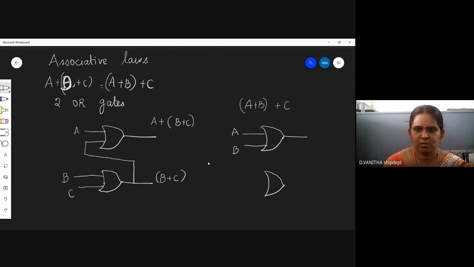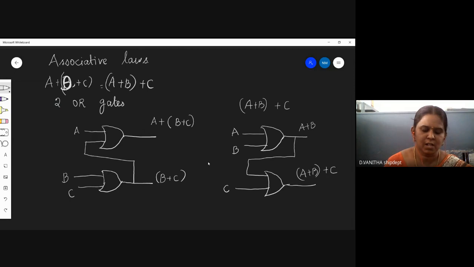Here the output of the first OR gate is taken as the input of the second one, and another input is taken as C. So this is A plus B, the output. Here we are getting A plus B plus C. So the associative law is written by using logic gates.